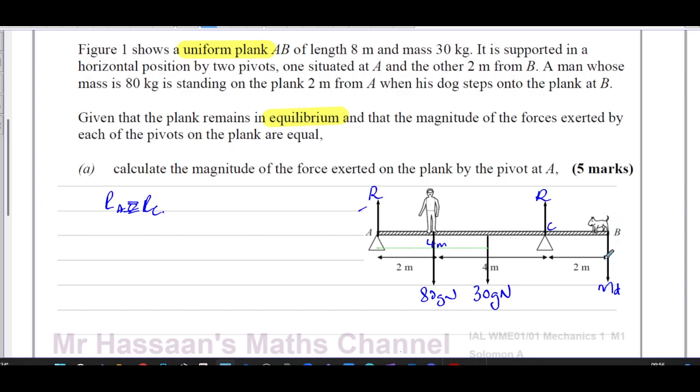The turning effect is the distance of the force from that point times the magnitude of that force. So the turning effect of this force about B will be 0.